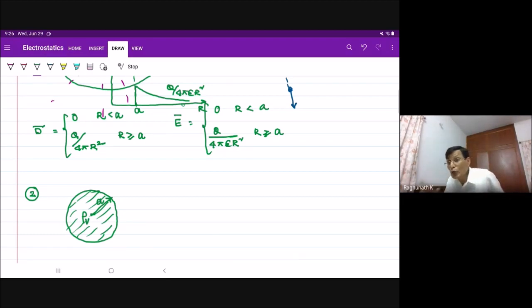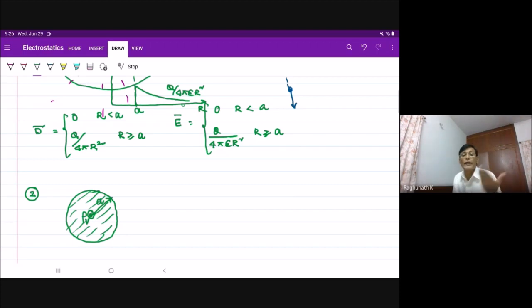And for sure, you consider any spherical surface of radius r which is concentric to the sphere, the field distribution on that imaginary spherical surface of radius r should be the same everywhere. For sure, because it is a sphere.